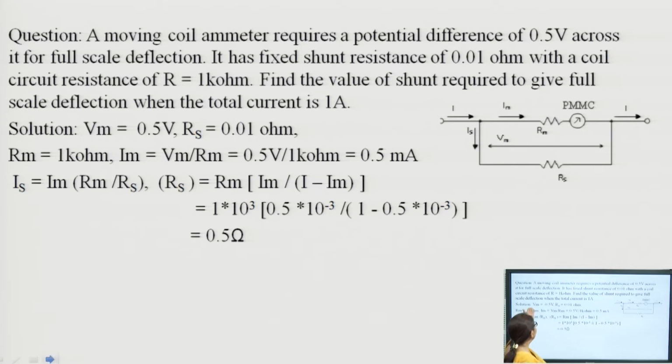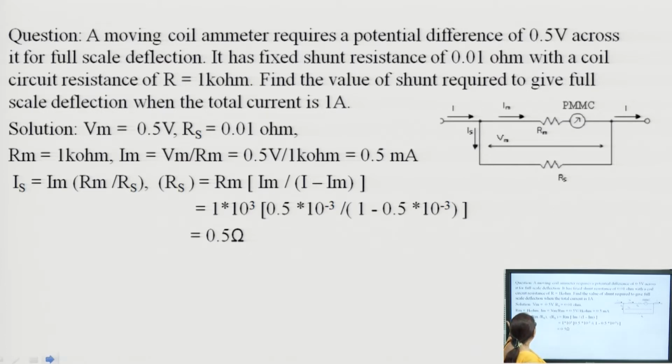So, again we know the Vm is 0.5 volt, and since both the resistances are parallel to each other, the same voltage drop will appear across both the resistances. So, we can find out the value of Im because Vm is given, Rm is given. So, it is 0.5 volt by 1 kilo ohm and it is 0.5 milliampere.